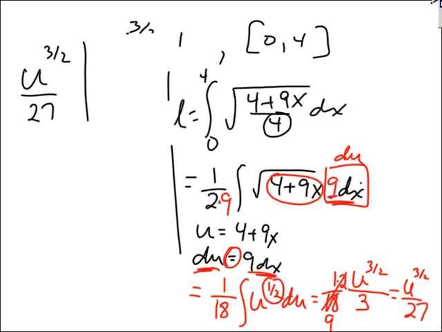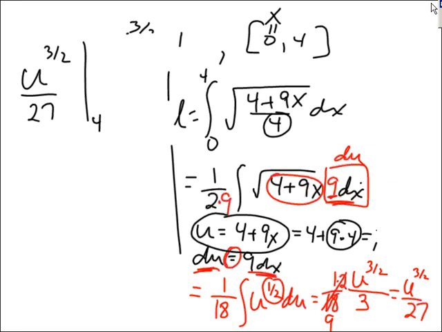We have to find the limits. Well, remember, it started with x equals 0. If x equals 0, then u is 4 plus 9 times 0, or 4. So the lower limit is 4. And if x is 4, then u equals 4 plus 9 times 4, that's 36. 4 plus 36 is 40.